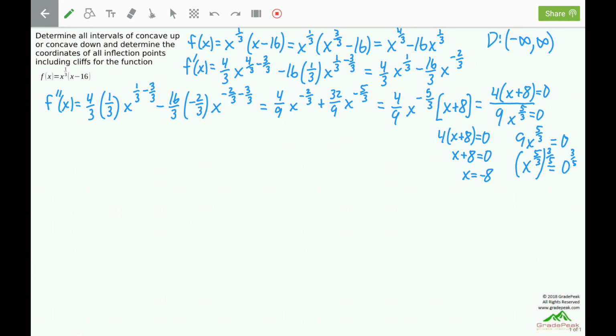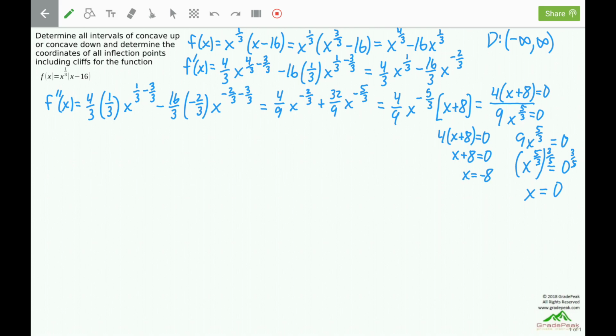We want it to be the reciprocal of 5/3 because when you raise and raise again, we multiply the exponents. 5/3 times 3/5, multiplying the numerators, 5 times 3 is 15. Multiplying the denominators, 3 times 5 is also 15. It'll be 15 over 15, which is a 1. So we have x to the first power, or just x, equals, and 0 raised to any non-zero positive number is 0.